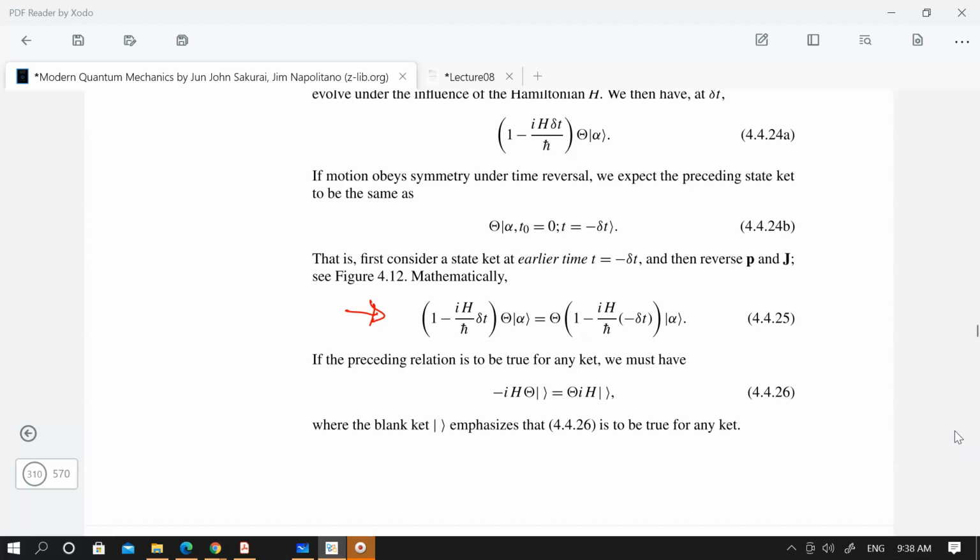Then you expect your part involving time should be giving you a minus delta t. If one expands this whole equation out, I can reduce this to minus iH capital theta equals capital theta iH.